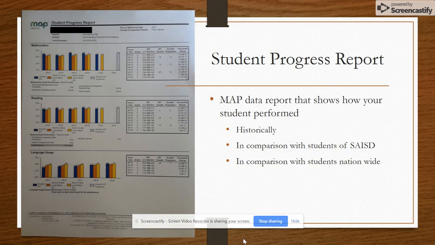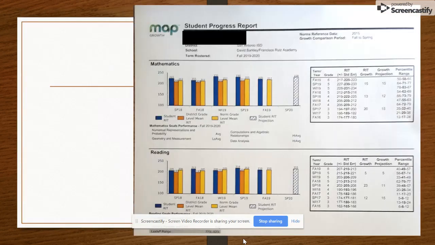The next piece of information you have is the student progress report. This is a MAP data report that shows how your student performed historically, in comparison with students of SAISD, and in comparison with students nationwide. You want to notice that with each time your student took a MAP test, there are 3 color bands associated with it.